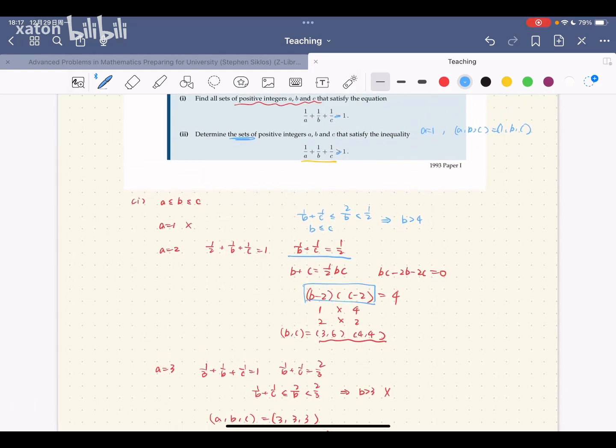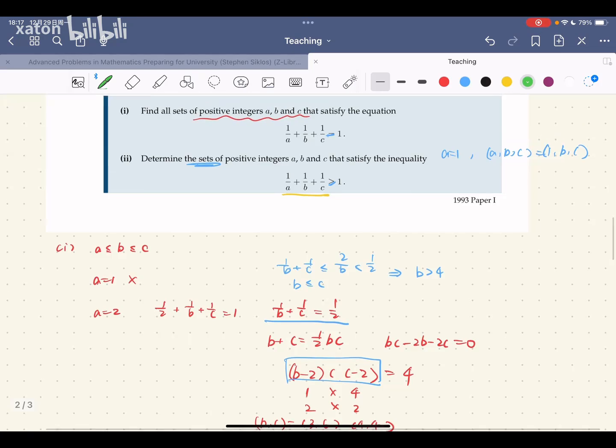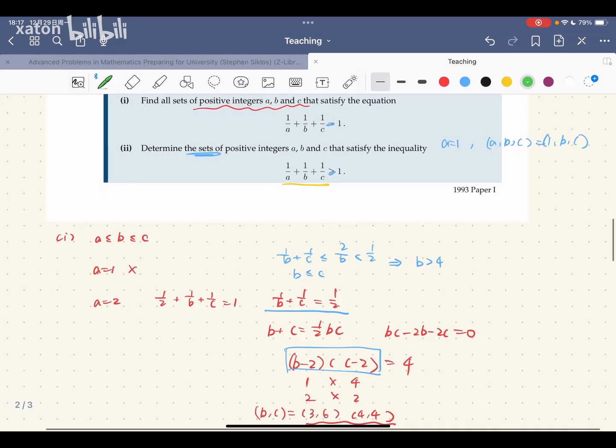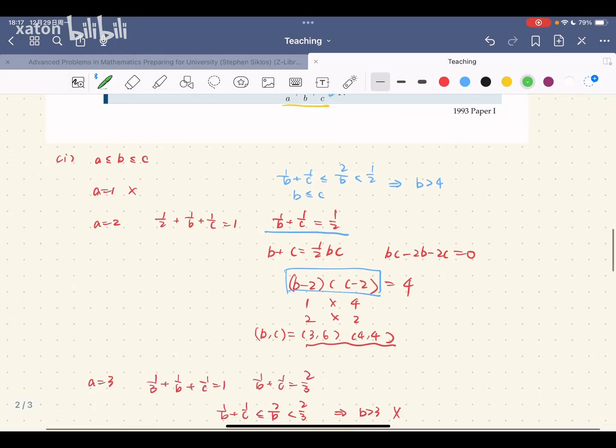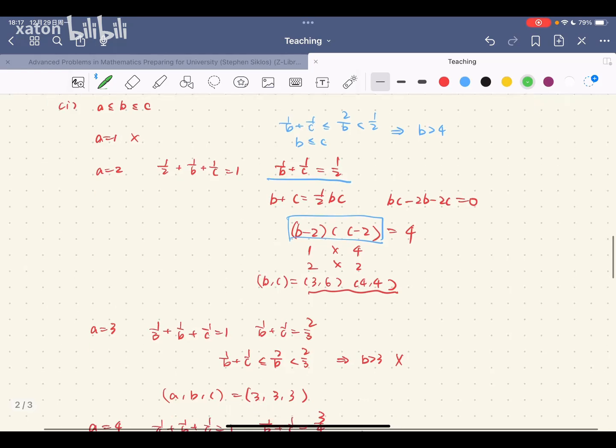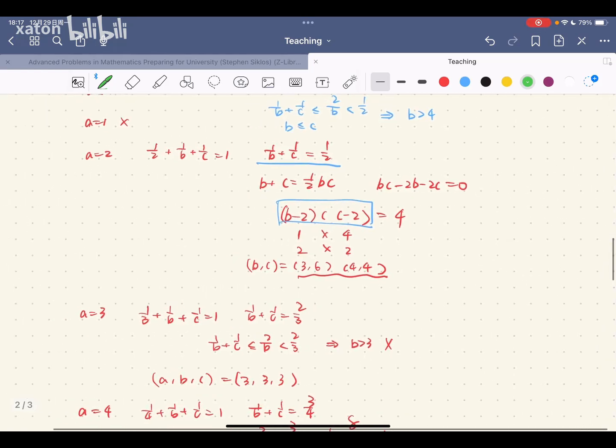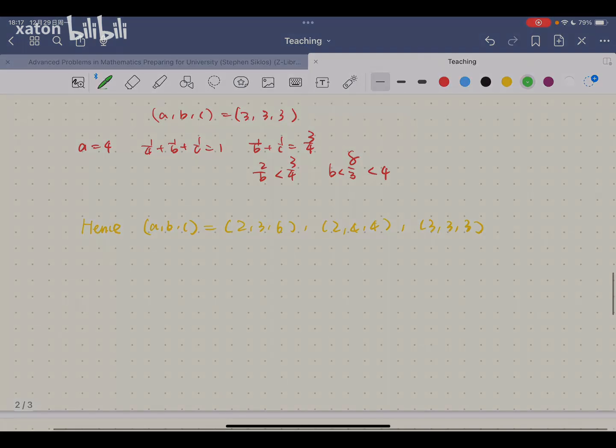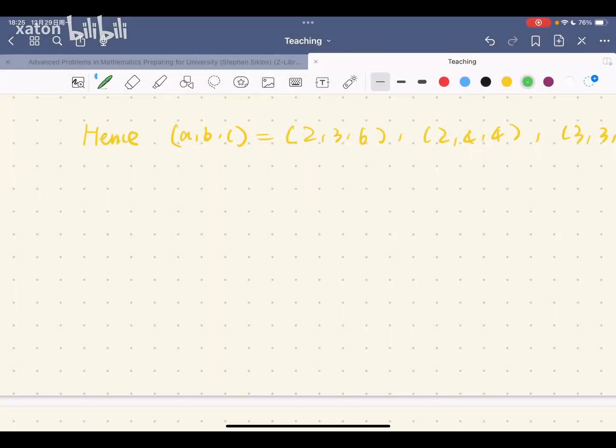So we can do question 2 based on what we get in question 1. If we want the left-hand side larger, we can actually make b, c smaller, so that the fractions will be bigger. So we have 2, 3, 6. We have these 3.